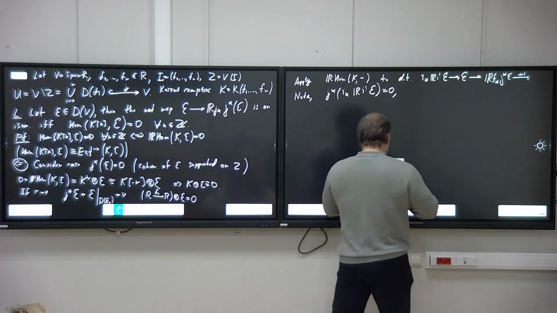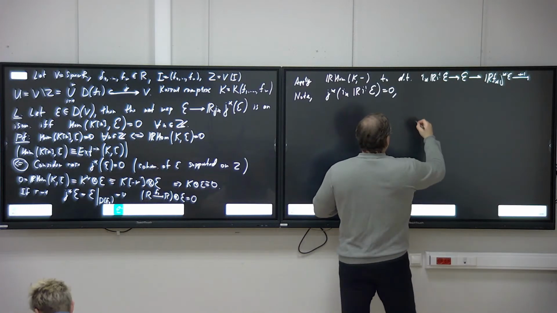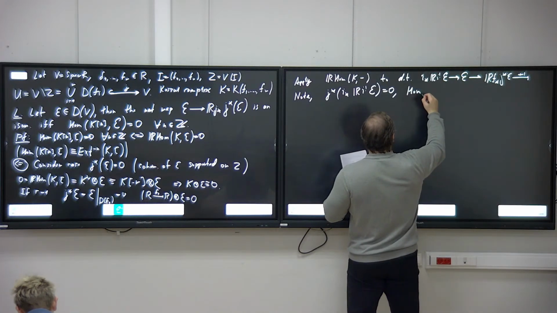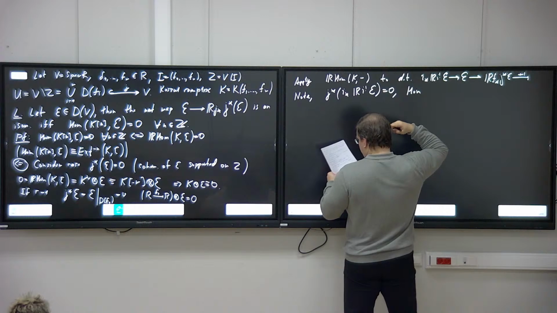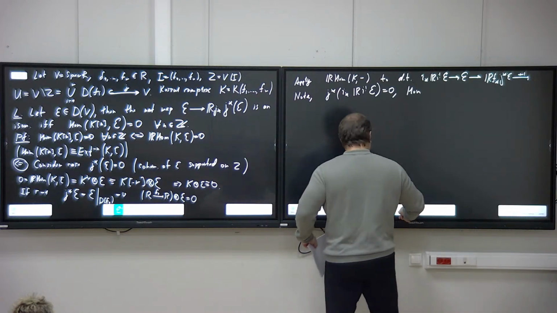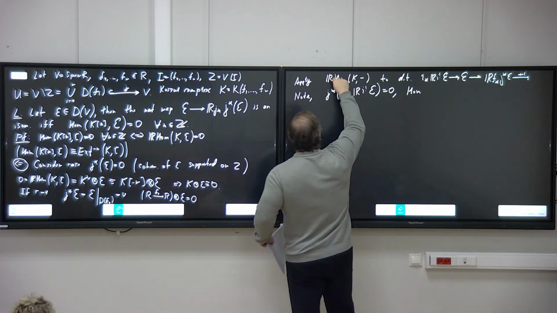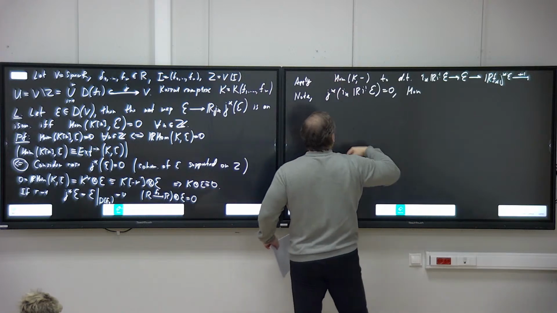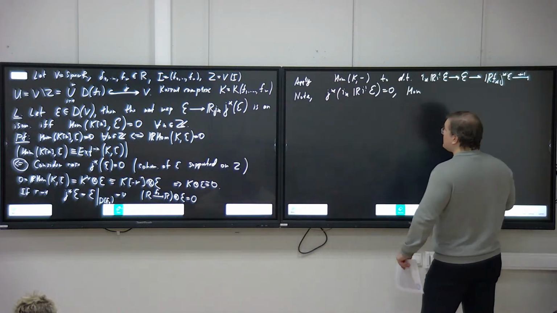And the second thing that we can note is the following. When I compute Hom, or RHom, so sorry, I don't want RHom. I want to apply Hom as the cohomological functor. Just look at the long exact sequence.